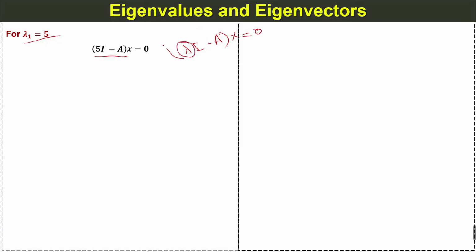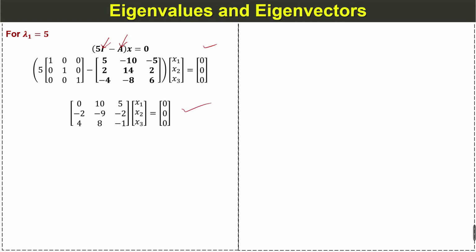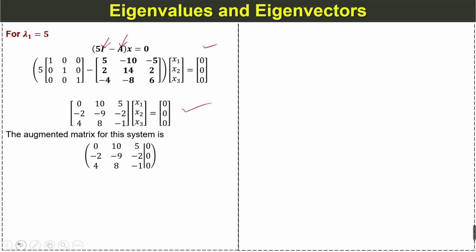First we put lambda equal to 5 over here. So by substituting the identity matrix and matrix A, we get this form. Simplifying this one, we have this equation, and we write the augmented matrix corresponding to this system.